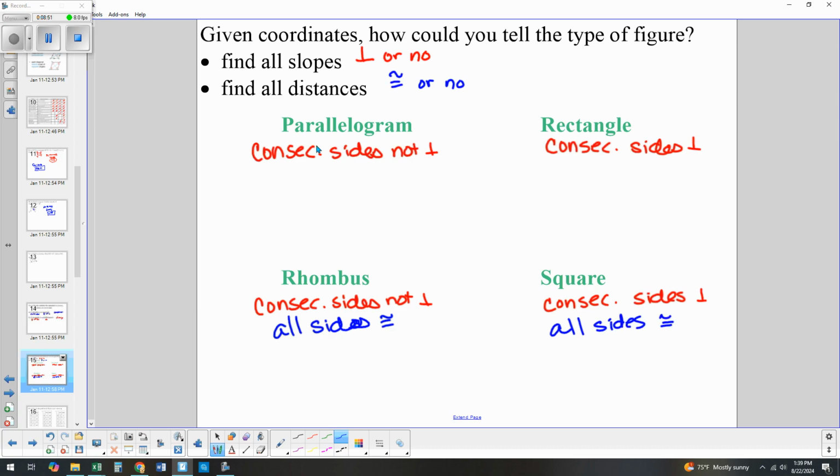So that means in the parallelogram and rectangle, all sides not congruent. And these are 4 different descriptions. Right? This one was not and not, this one was and not, this one not and was, this one was and was. So as long as we can find the answers to those 2 questions, we can figure out exactly what shape it is.